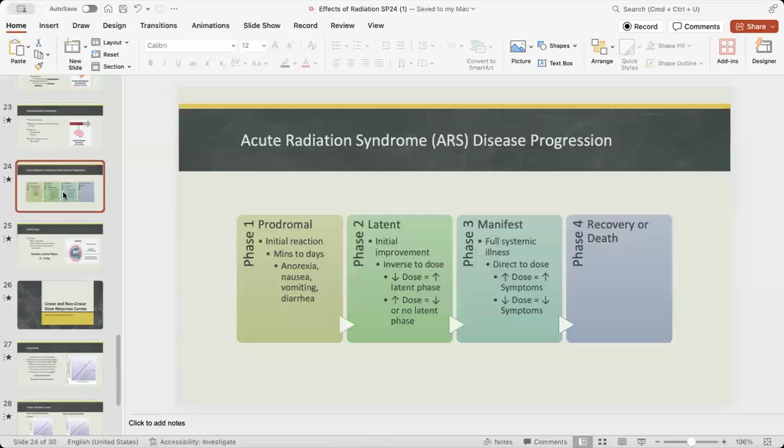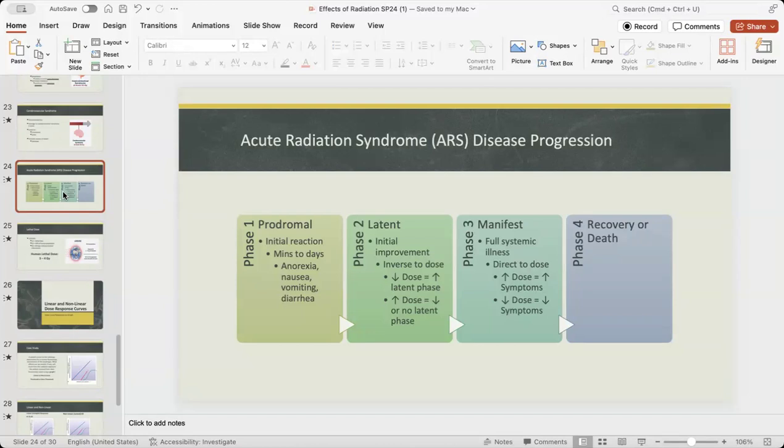The lower the dose that you get, the longer the latent phase that you will have. With an increased dose, you may not experience a latent phase. So if you have a large dose at one time, depending on the dosage, you may not have a latent period.